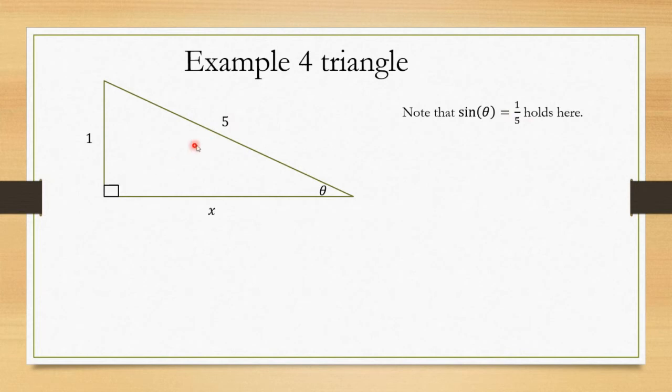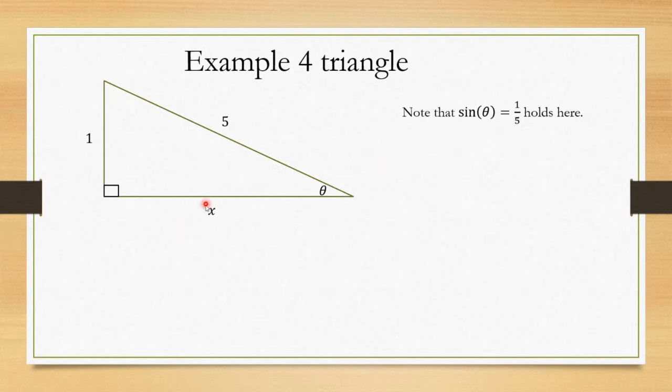In this case, this is the hypotenuse, and we labeled its length as 5. So we have opposite over hypotenuse, 1/5. Sine of theta is 1/5.